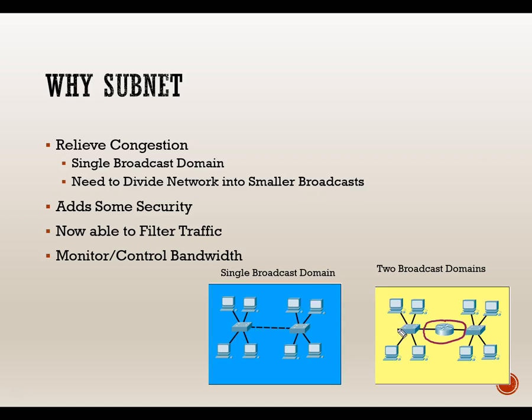So what we have in this case is these machines are in a broadcast domain and these are in a broadcast domain. They all get broadcasts for both networks, regardless of whether they should get those addresses or not. Let me try to demonstrate that with a Packet Tracer simulator.